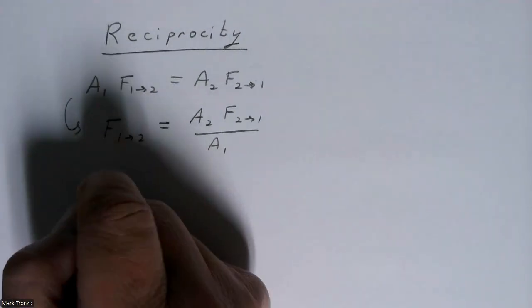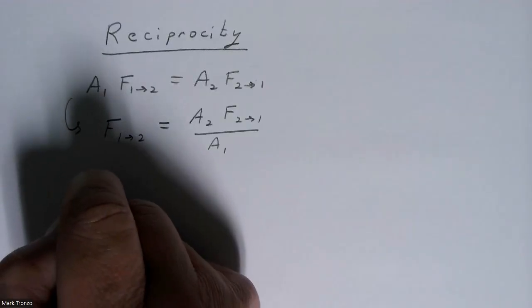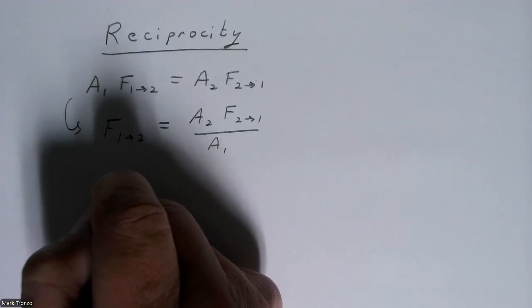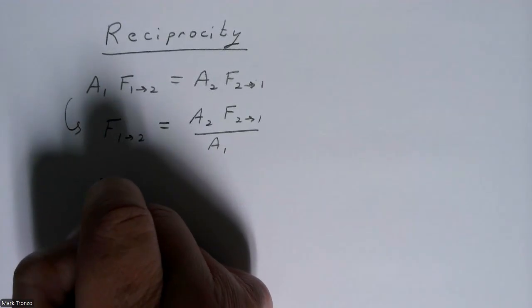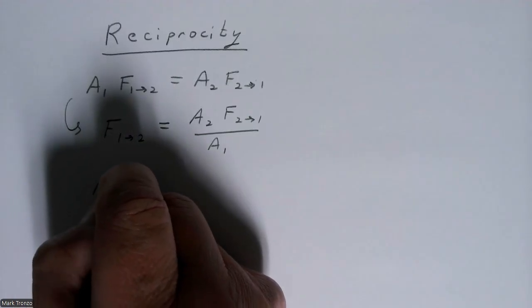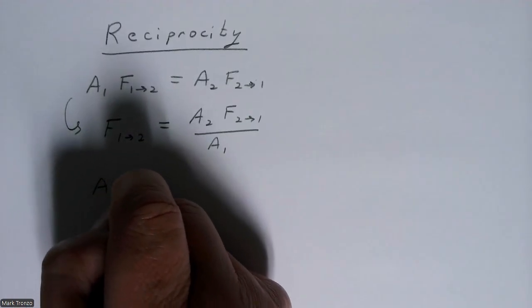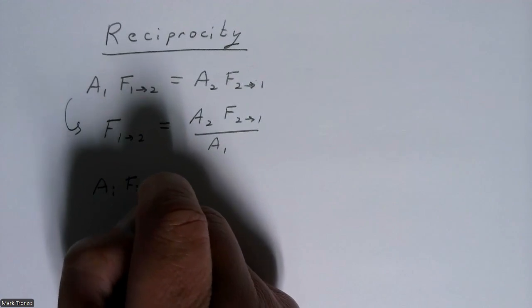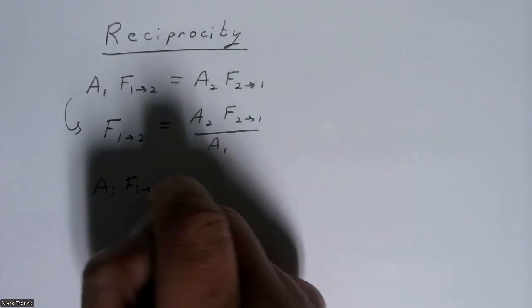And then in general, once again, if you have Ai Fi to j equals Aj Fj to i.